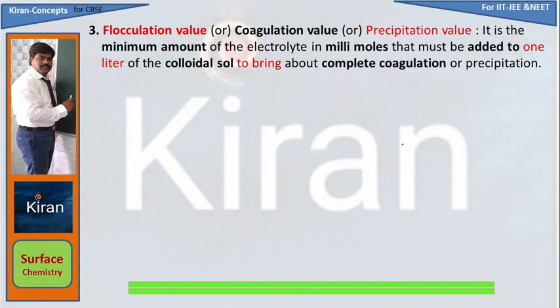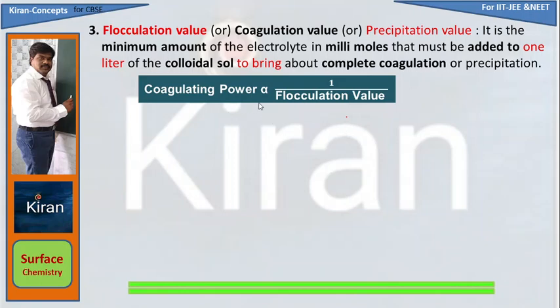All colloidal particles come down to the bottom of the container when you add an electrolyte. The quantity of electrolyte needed to bring all colloidal particles to the bottom is considered the flocculation value or coagulation value.